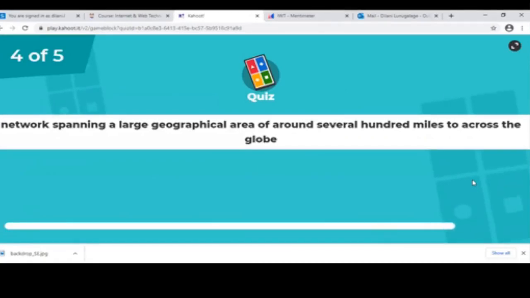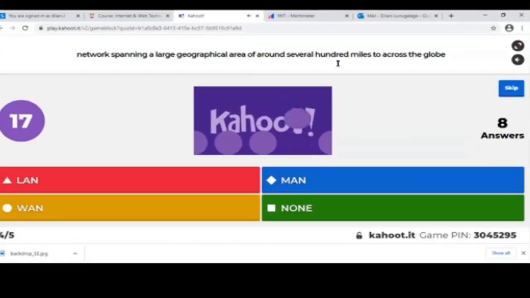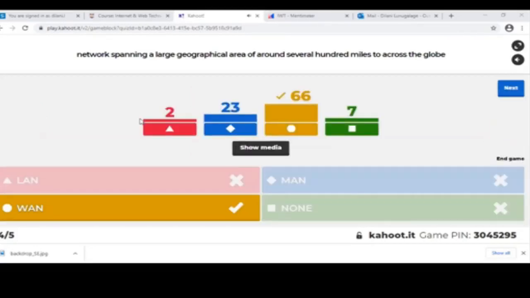Networks span a large geographical area of around several hundred miles across the globe.